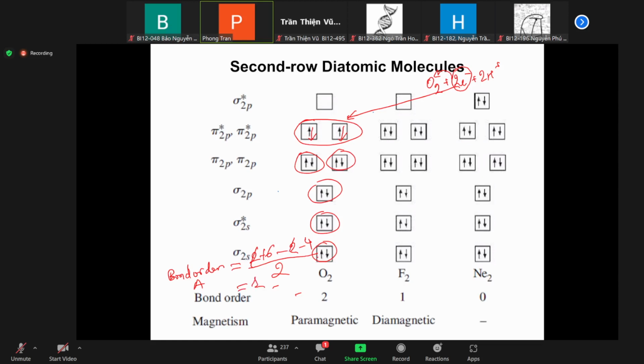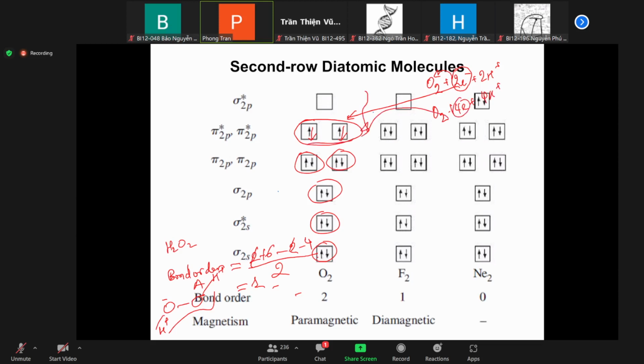Bond order will be 1. That means in A, I should have an oxygen single bond. Because I add 2 electrons, it becomes 1 negative here, 1 negative here. So I put 1 positive of hydrogen and 1 positive of hydrogen. So I will add H2O2. Is it okay? Yes. Thank you. Now for the case of O2 plus 4 electrons plus 4 protons, I will put 4 electrons here.